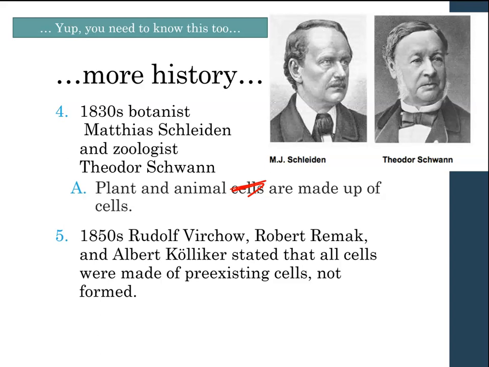They have to actually come from a pre-existing cell. And that was pretty groundbreaking at that point because most people didn't even know what a cell was. The idea of something microscopic was kind of mind-blowing and unbelievable. And so this idea that one cell leads to another is really pretty important.